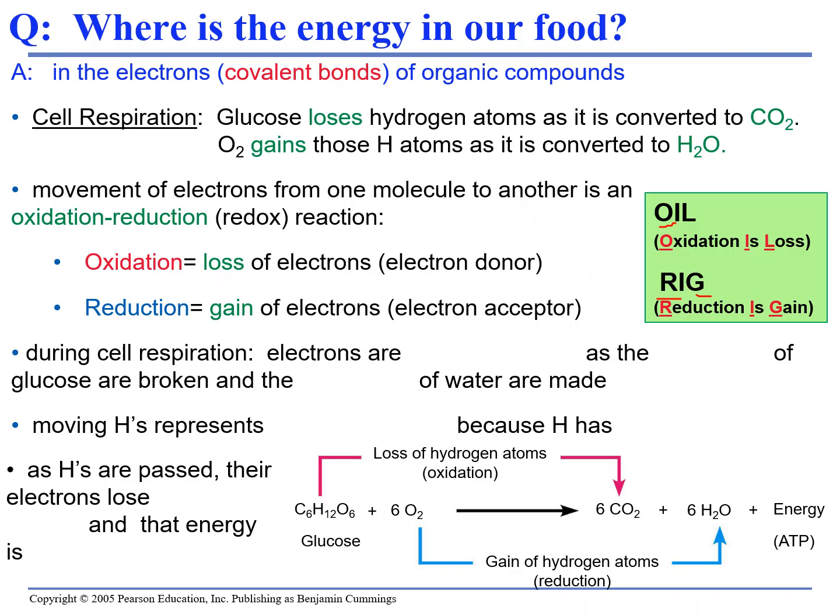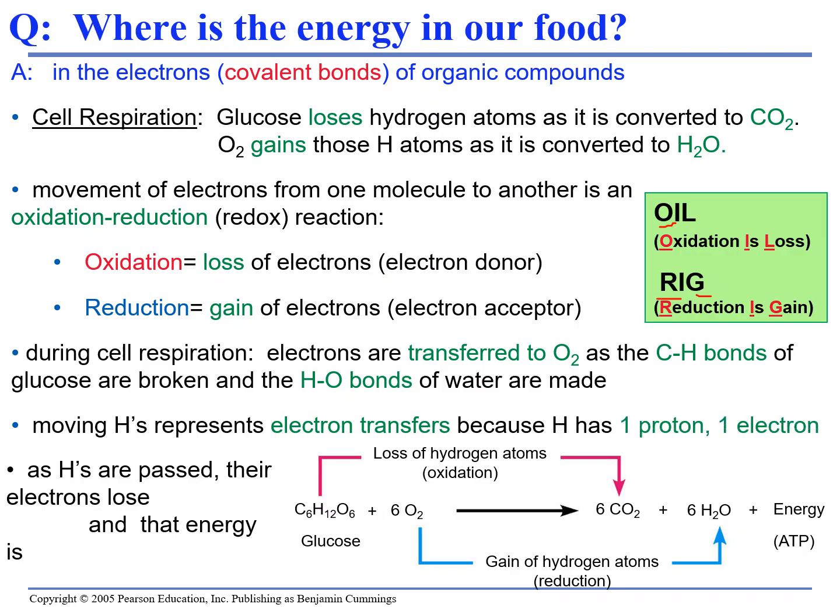During cellular respiration, electrons are transferred to oxygen as the carbon-hydrogen bonds of glucose are broken and the hydrogen-oxygen bonds of water are made. Moving hydrogens represents moving electrons because hydrogen has one proton and one electron. As hydrogens are passed, their electrons lose potential, and that energy is put to work.